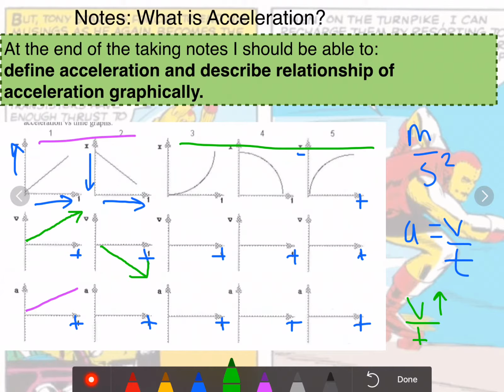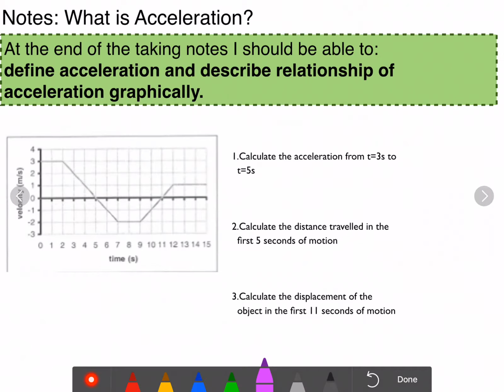Now, if our velocity is in the negative and our time is in the positive, we're also going to see that acceleration is in the negative. I know that might be real quick, but try to give it a go, and I can help you in class. For this reading, I'm going to do just questions 1 and 2, and then the next one, and then we'll call it that.